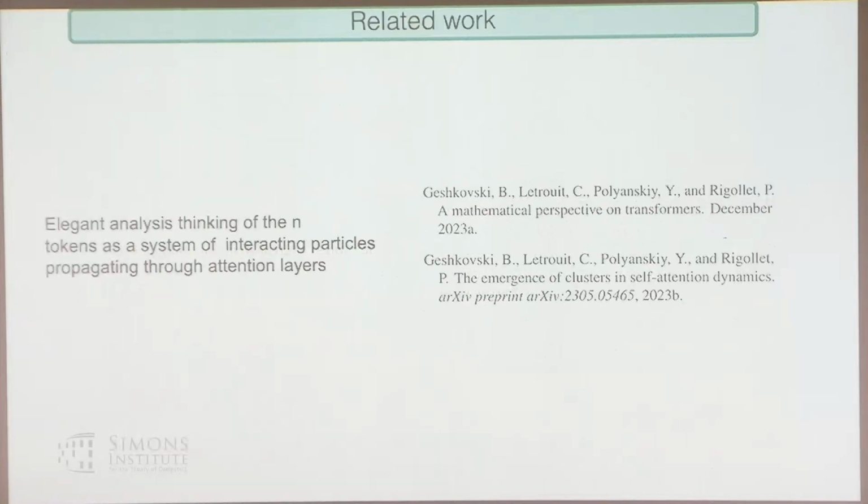And I should say, as we were doing our work, we came across two papers that are really very elegant. Philippe, I think, talked about some of this stuff. This is joint work from Philippe and Yuri and company, where they think about these n tokens as a system of interacting particles propagating through iterated self-attention layers.